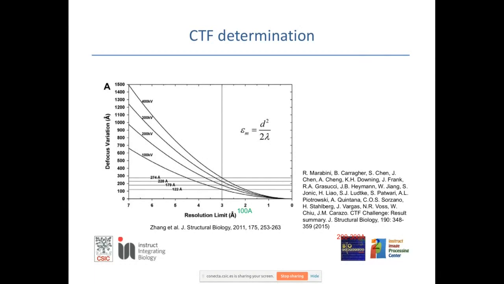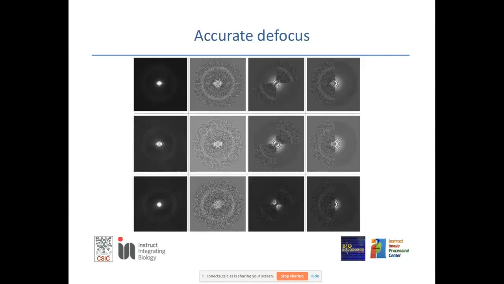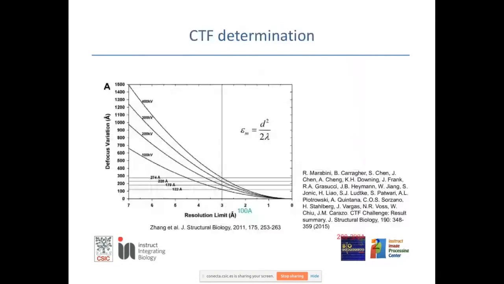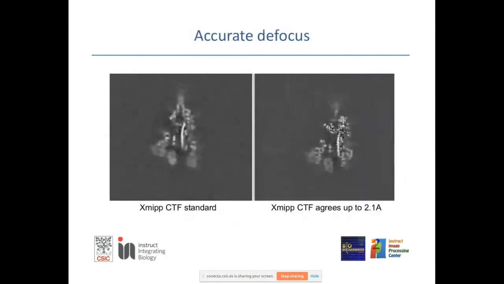That in principle may look accurate enough. Actually, if you look at the power spectra, you don't notice any difference between 200 up or 200 down. But we discovered in this project that you really need the CTF to be really accurate if you want to extract the most from the micrographs.